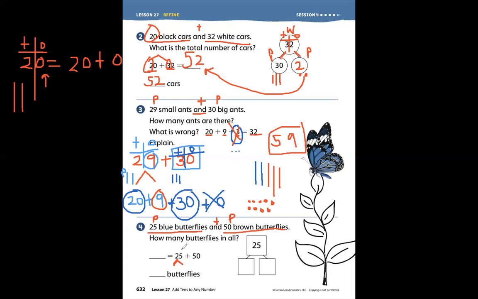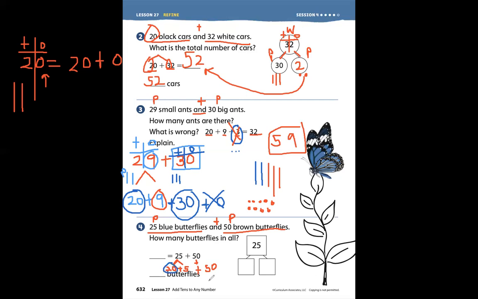Because there are ones in the number 25. So if I have 2 tens, I have a value of 20. And 5 ones, 20 plus 5 is 25, right? Then I'm going to bring down my 50 plus 50.